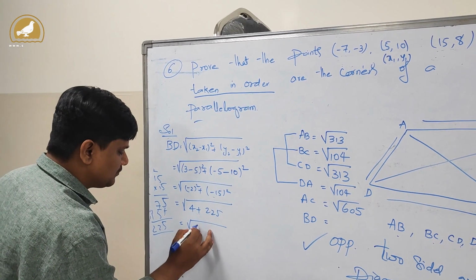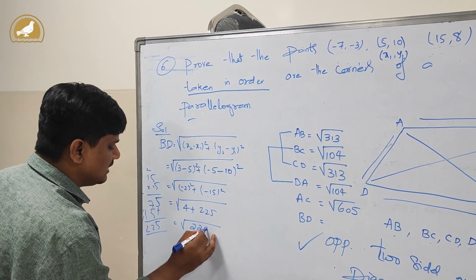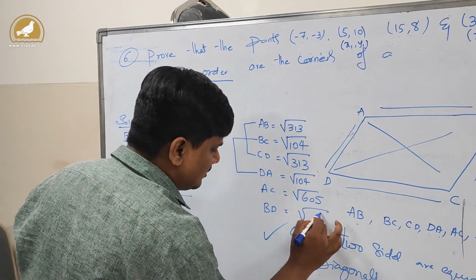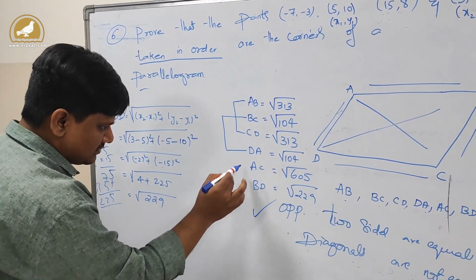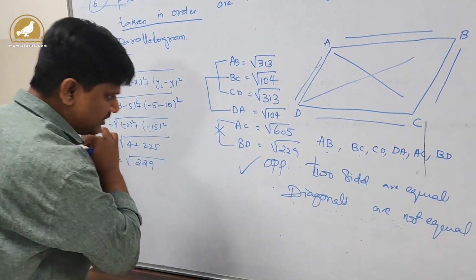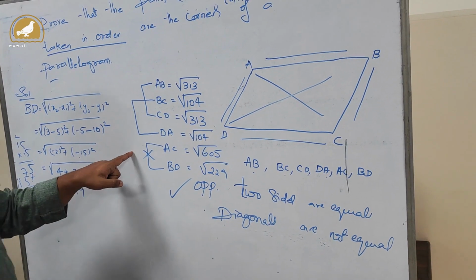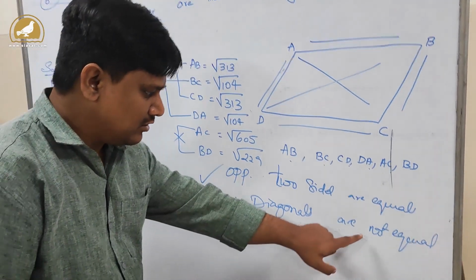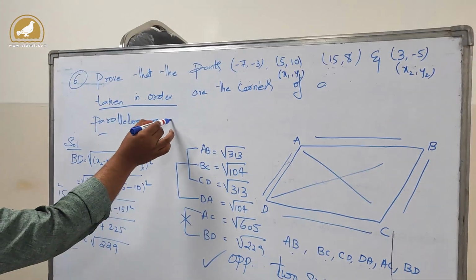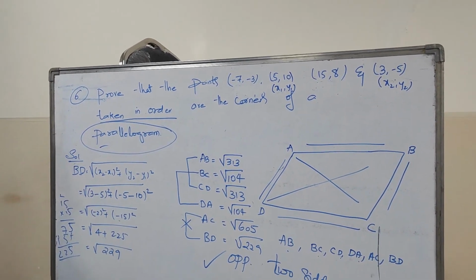If we add these, 229, under root of 229. These two values are not equal. As we can prove that these two values are not equal, diagonals are not equal, therefore we can say that these 4 points form a parallelogram.